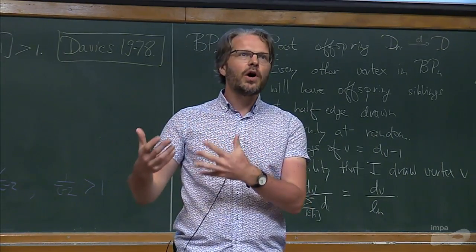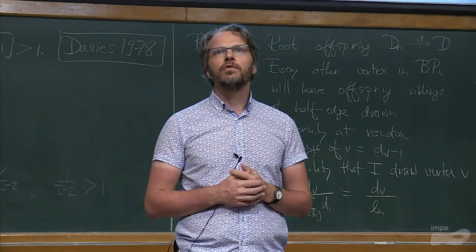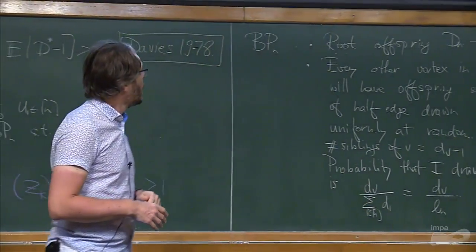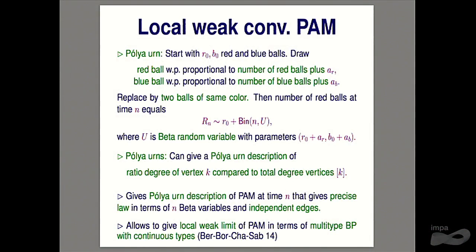But you can still describe this branching process and also show that the graph locally weakly converges to this, which is a very nice thing. And this is closely related to, in fact, a very nice property of the preferential attachment model that shows that you can describe it in a different way in terms of independent indicators. And this is related to Polya urn schemes.